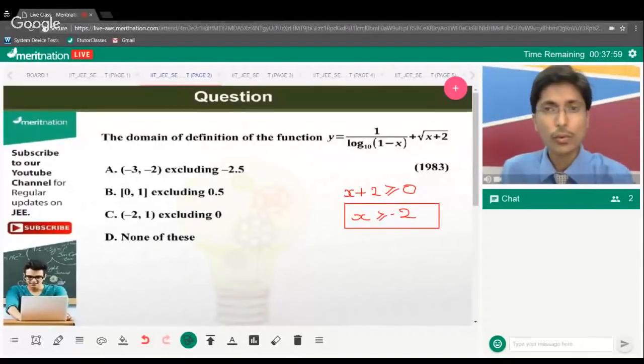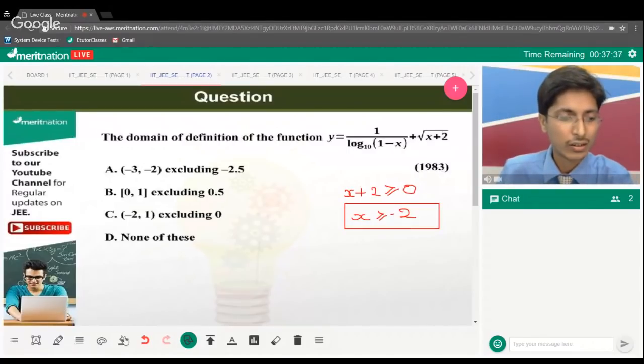Now we'll be moving toward the second function, that is 1 upon log of (1 minus x) to the base 10. Now, if you know the property of log, log says that you can't keep any negative value inside it. That is, log does not take any negative values. And it also doesn't take 0.